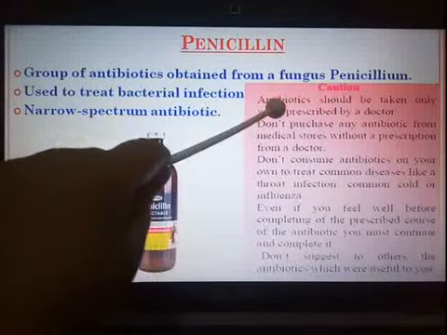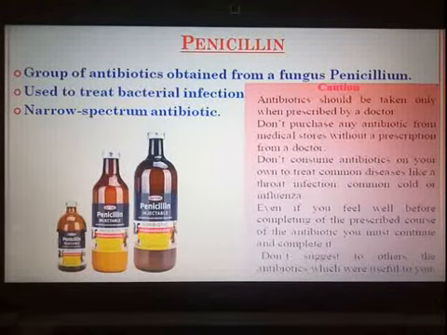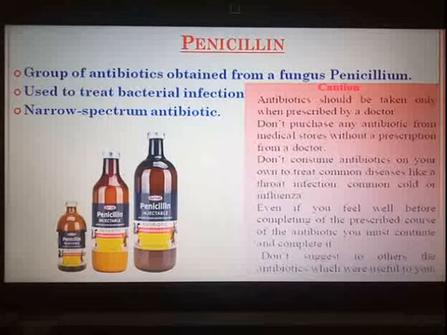Antibiotics should be taken only when prescribed by a doctor. Even though you know that XYZ is an antibiotic which is used to cure fever, unless and until a doctor, a physician, allots that tablet to you, you should not consume it on your own.